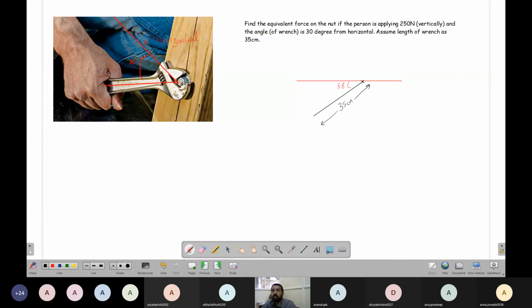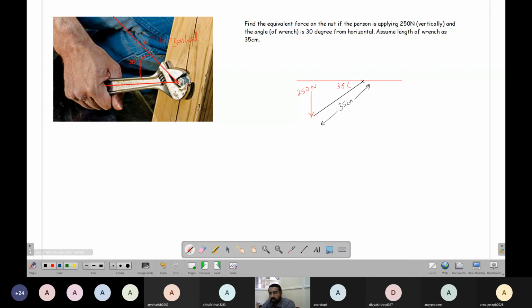And a force of 250 is applied by the person vertically. So a force is applied at the end of this, vertically down. So there is a bolt here.